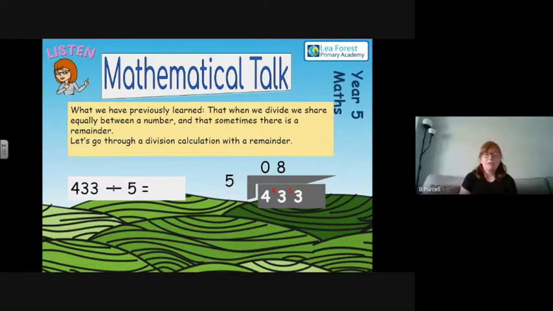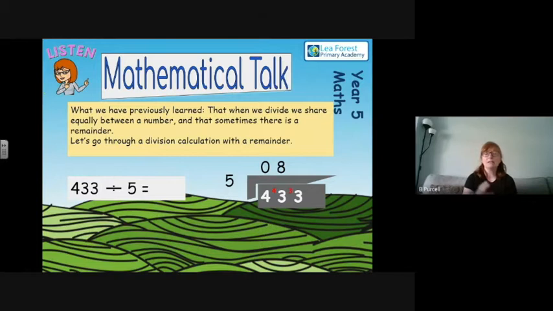33 divided by 5. Again, I know my 5 times table, as I'm hopeful that you do as well. So I know that 6 times 5, 6 lots of 5 make 30. And you see how I'm using the inverse? I'm using multiplication to help me with my division. So I've got 6 5s. I might just check that. 5, 10, 15, 20, 25, 30.